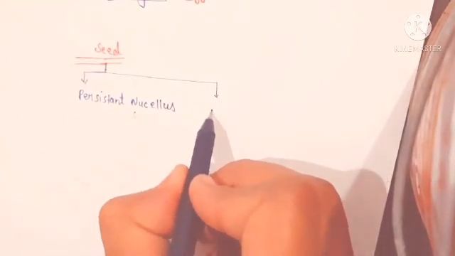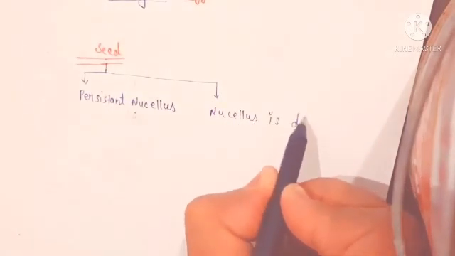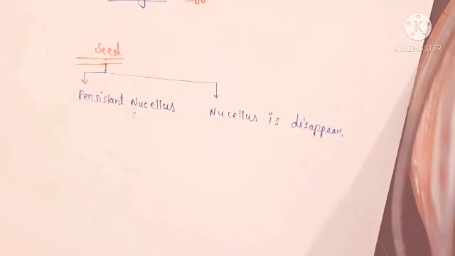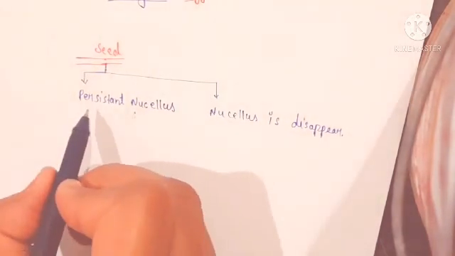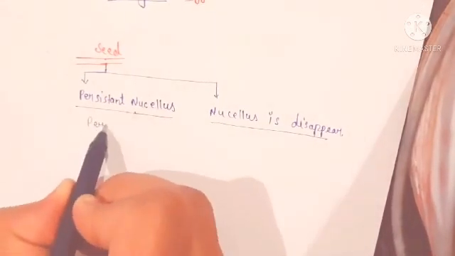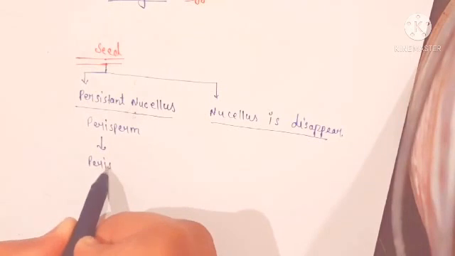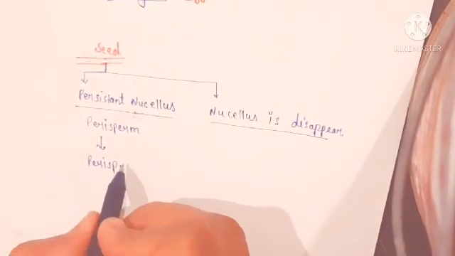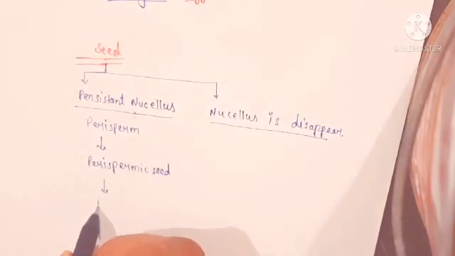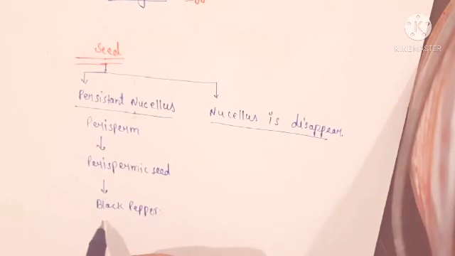In the other type, the nucellus disappears. Here the persistent nucellus is called perisperm, and such a seed is called a perispermic seed. For example, black pepper, beetroot.